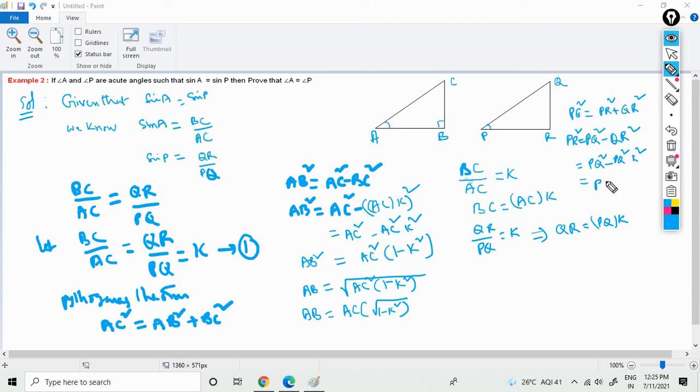If you take PQ square out, 1 minus K square will come out. So that is your PR square.